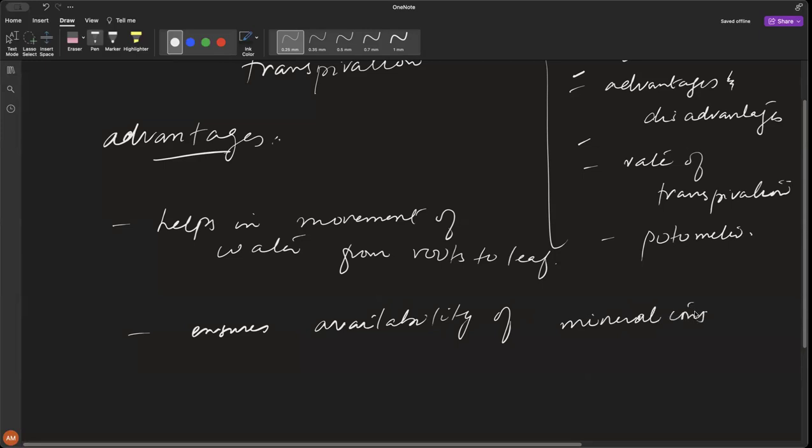More water is moving up, bringing a lot of minerals in with it, dissolved.